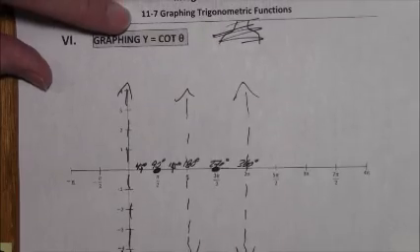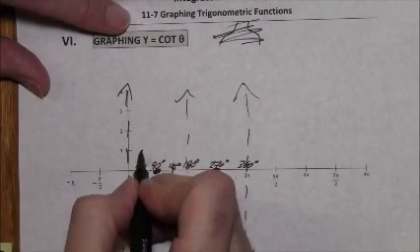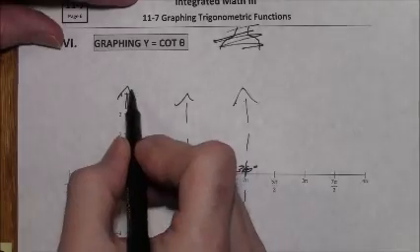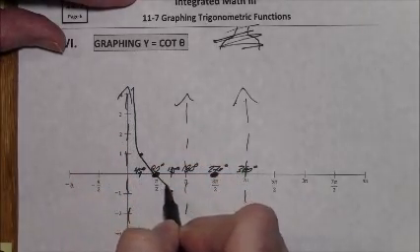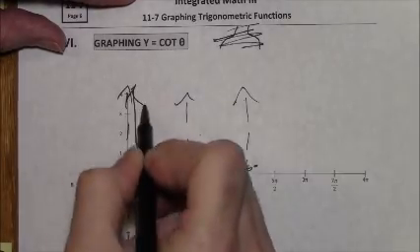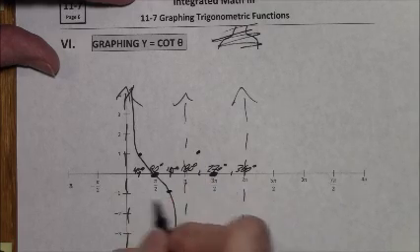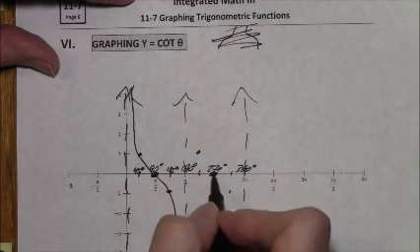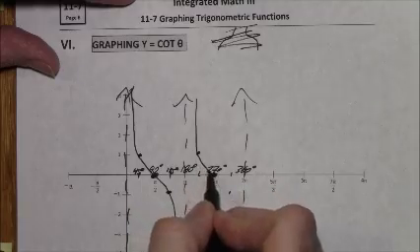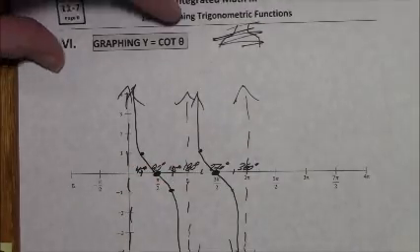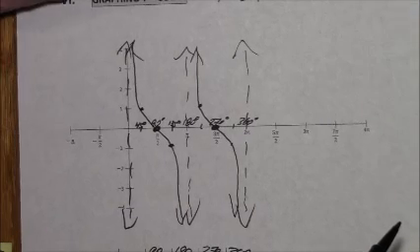That means here 45 is at 1, 135 is at negative 1. And then I'll make my curve here. I'm going to do the same thing with these, the 0 coming down here. And I have done 2 periods of this.